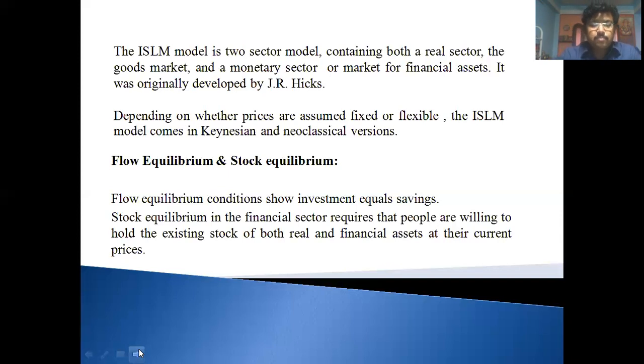So the resources released by the saver must be lent to another household to finance its consumption.